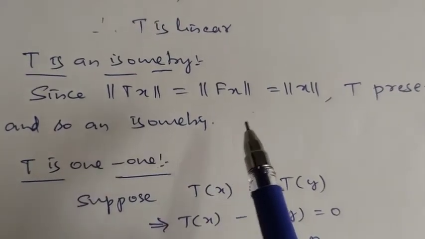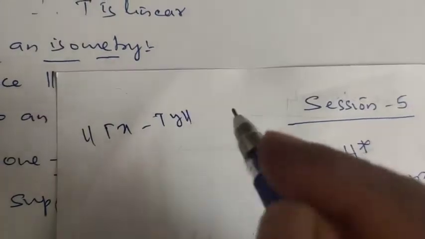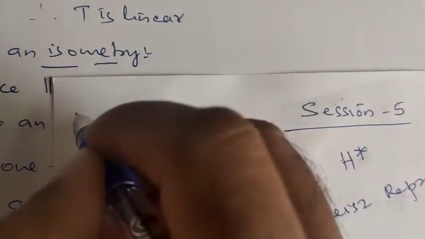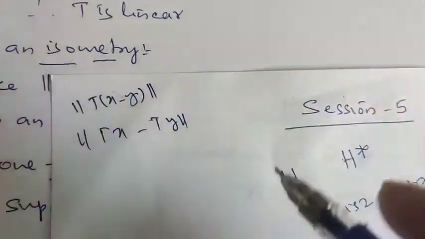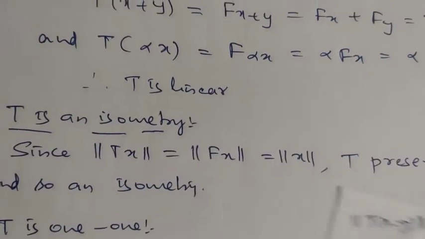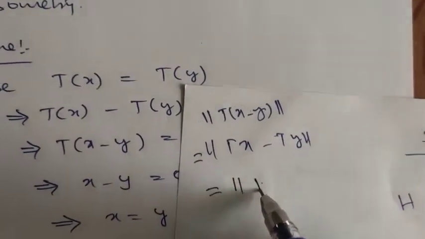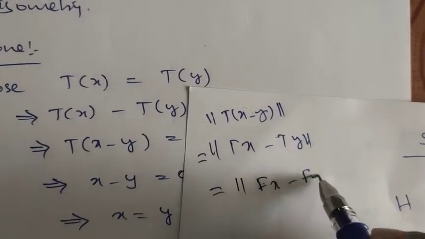Or in other words, we can show that norm of T of x minus T of y, or norm of T of x minus y, is equal to norm of x minus y. So norm of T of x minus T of y is norm of Fx minus Fy.